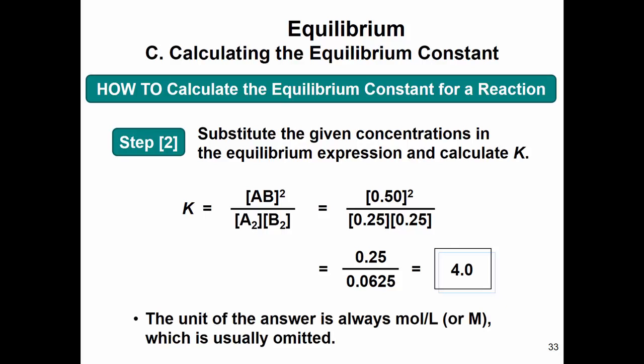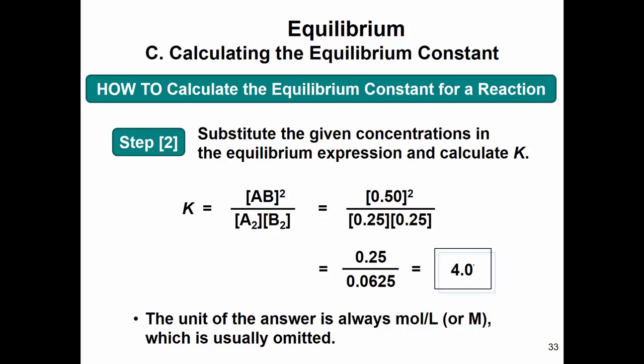So K is equal to 4. Usually the units are omitted here. Most times in chemistry we have a unit, but here it's omitted because the concentration that we're plugging in is molarity, and it kind of cancels out.